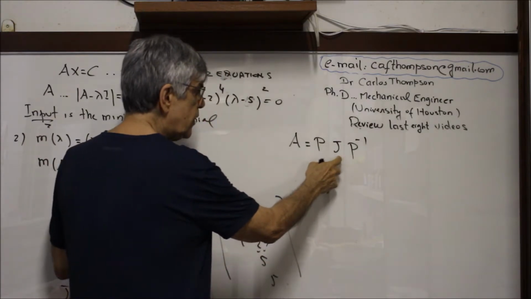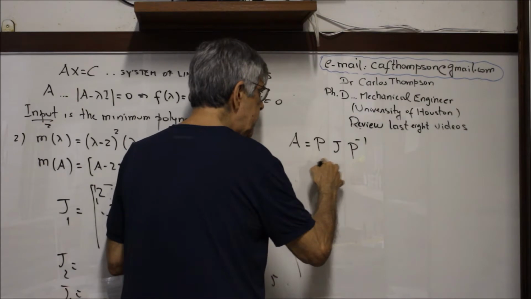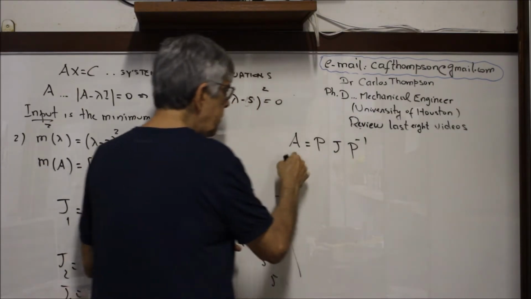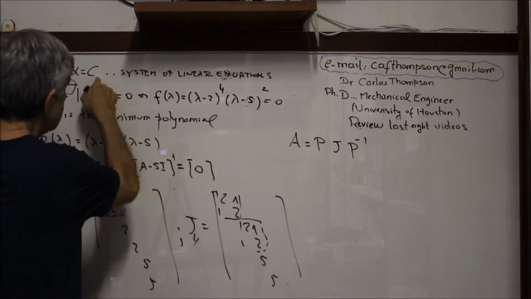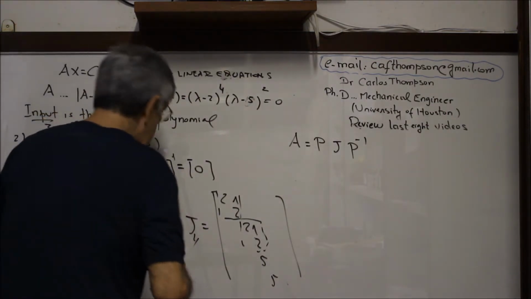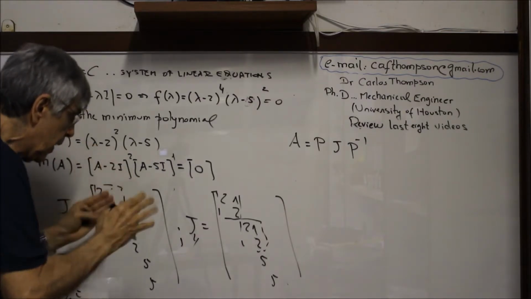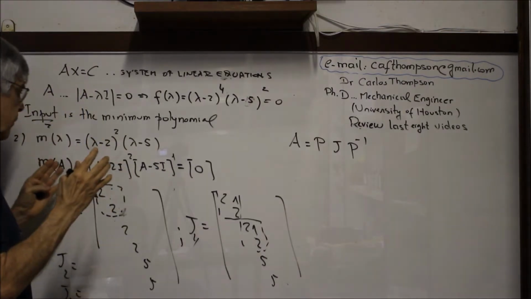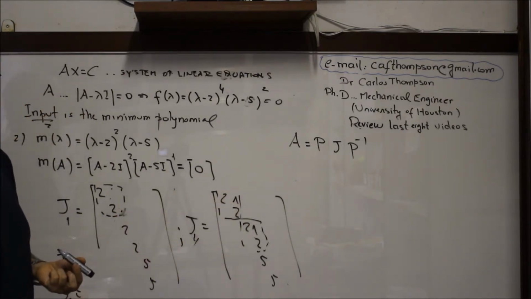So if I change J here, I have to change P, the transition matrix, because A is fixed. A is a matrix which I want to calculate. You see? And from a specific J, when I solve this equation, I have to choose one of these possible J. Okay?